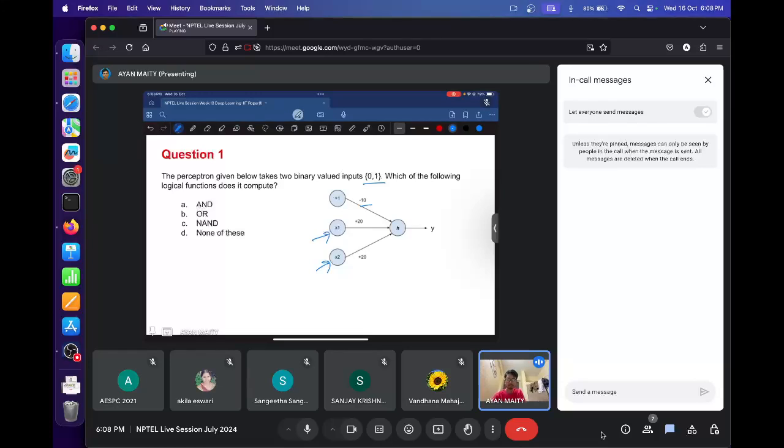Has anyone solved this question? What is this +1, x1, x2? Okay, bias. Yes, plus 1 is for the bias. The value of the bias is -10.